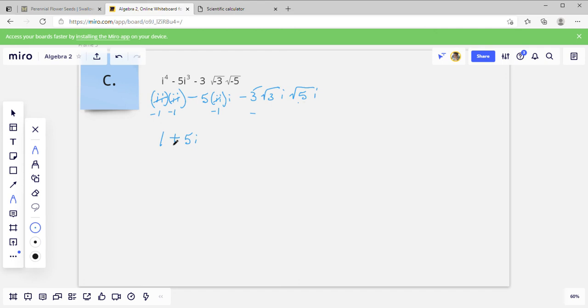Actually, we're going to have to leave that as square root of 15. 3 times 5 is square root of 15. So we're going to have 3 times the square root of 15 times i squared, which will be negative 1.